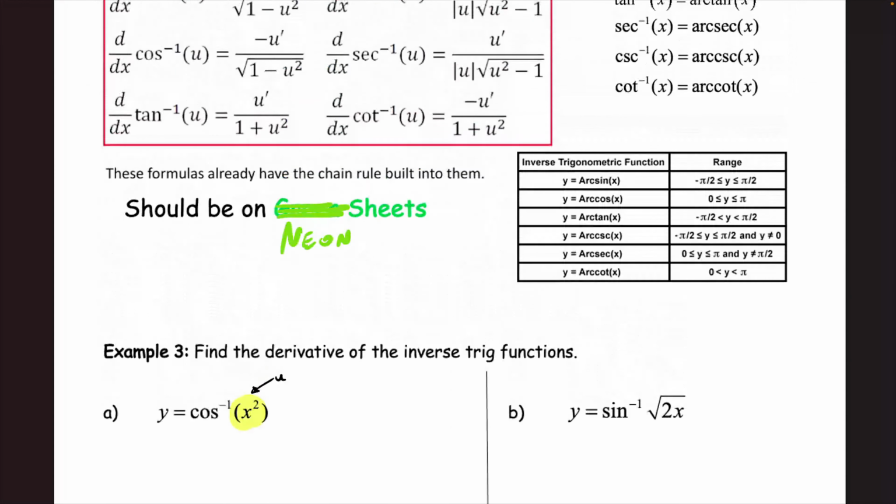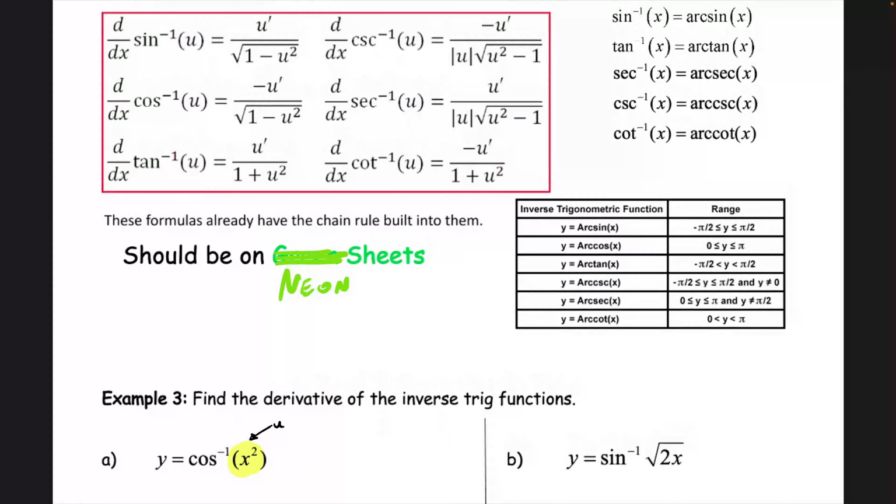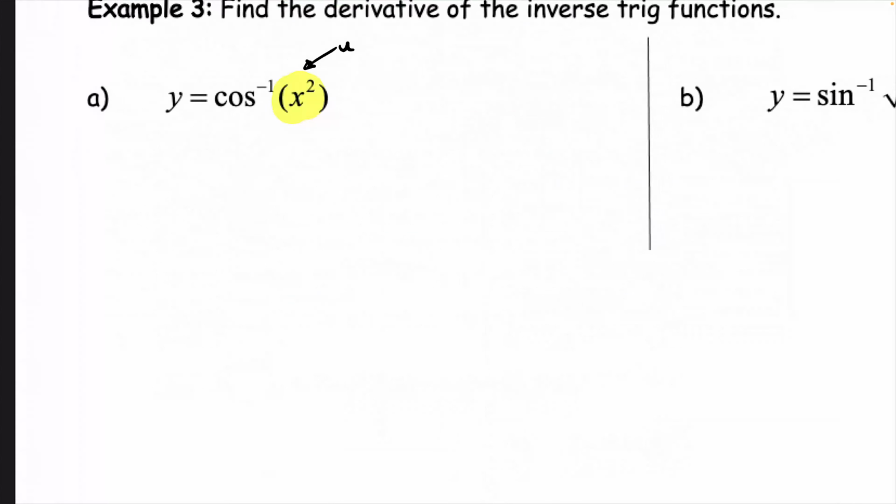It says negative 1 times u prime. If u is x squared, the derivative is 2x. That goes on top.